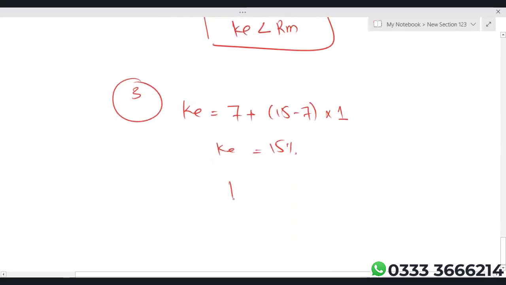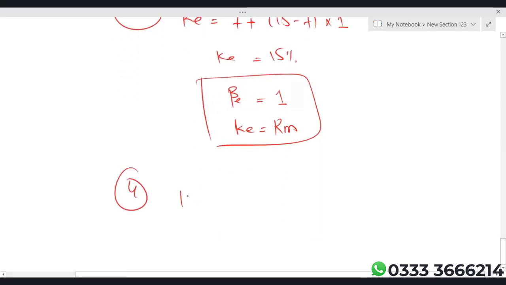Now listen, equity beta 1 is a benchmark beta, and this beta means the systematic risk of your investment is equal to the systematic risk of the stock index. It means the systematic risk of your investment and of the market are both equal. When my investment is facing the same risk which the market is facing, I'm going to demand the same return which on average exists in the market. So KE will be equal to RM.